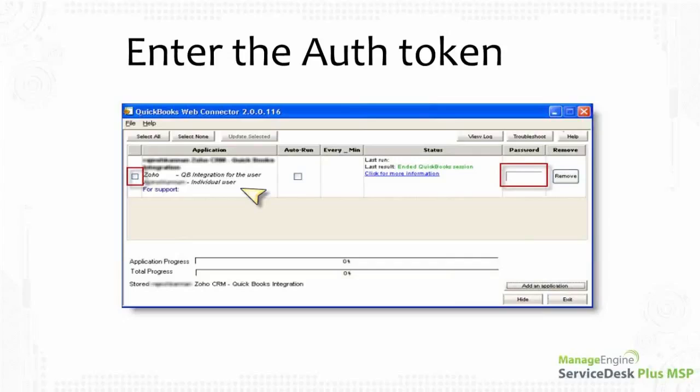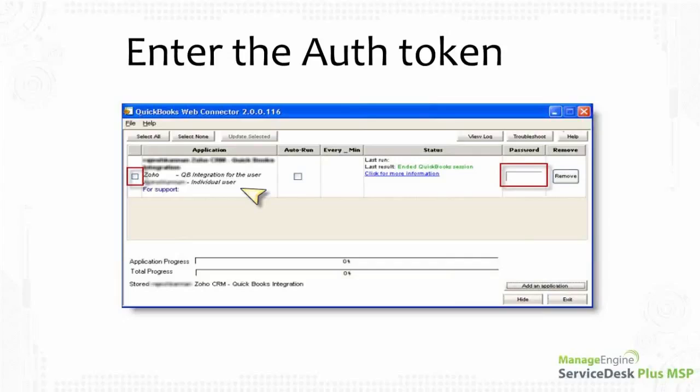Okay, so this is the place where you will have to initiate the synchronization. First you have to select, on the left side, that particular installation which you want to synchronize.